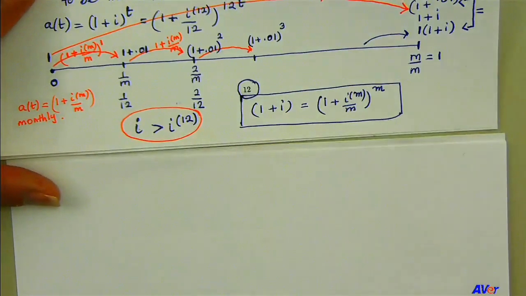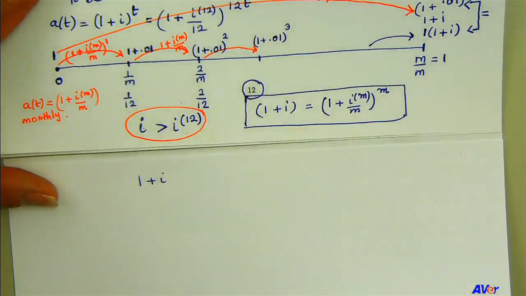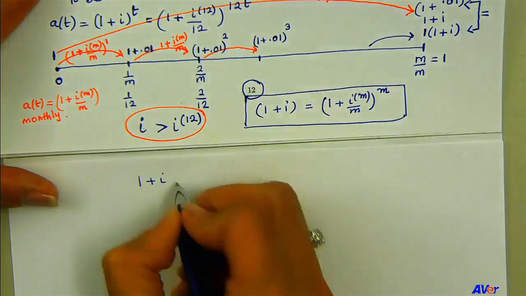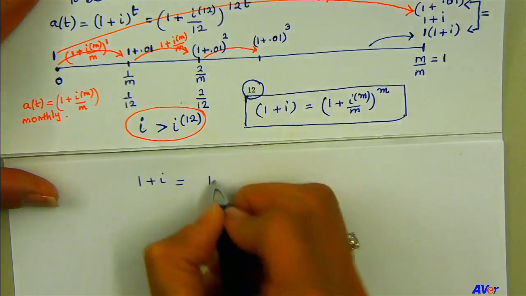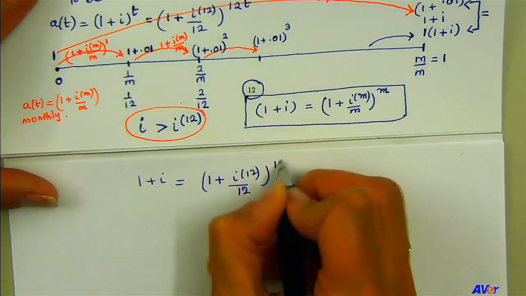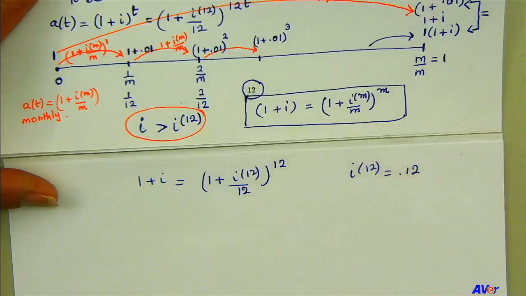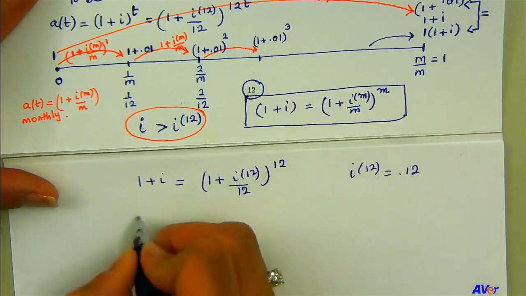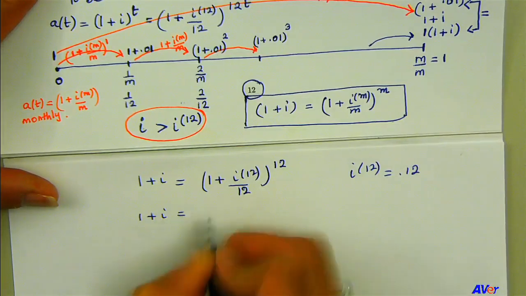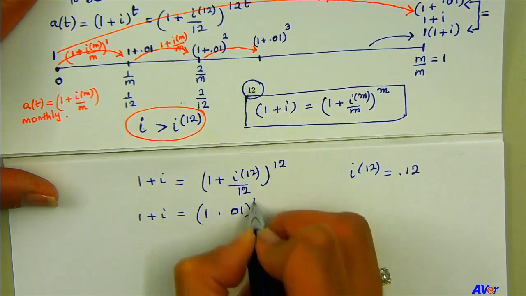I'm asking you to say, if 1 plus i is equal to 1 plus i12 over 12 to the 12th power, and i12 is 0.12, I get 1 plus i equals 1.01 to the 12th.